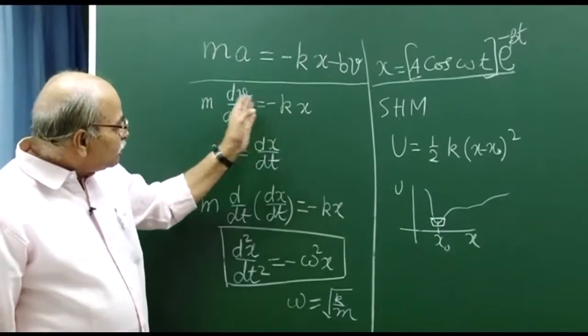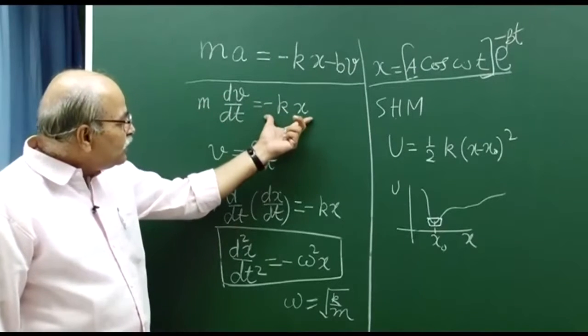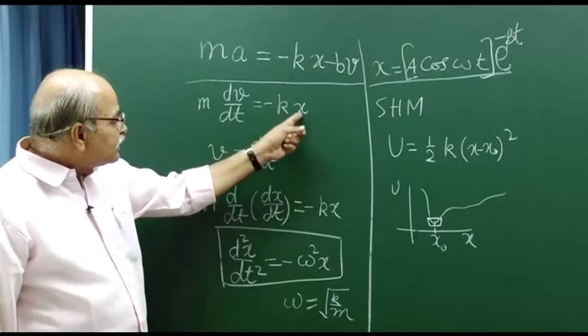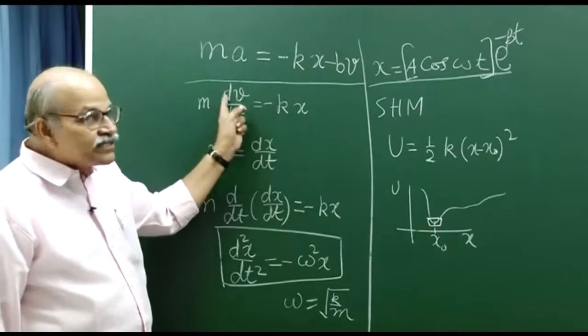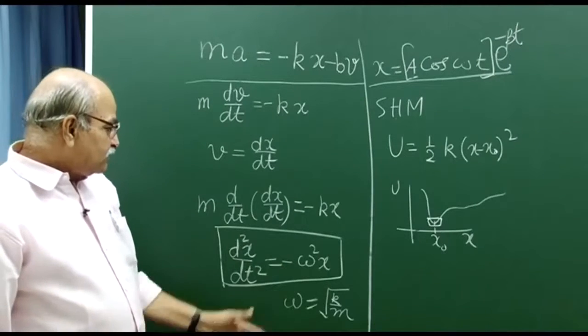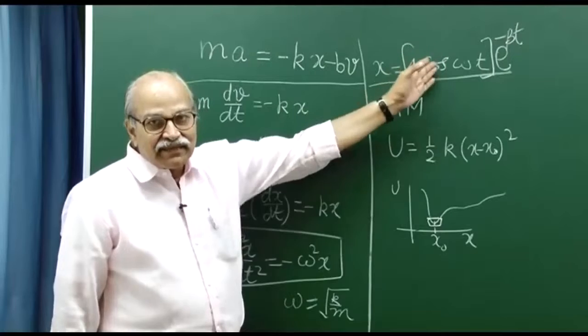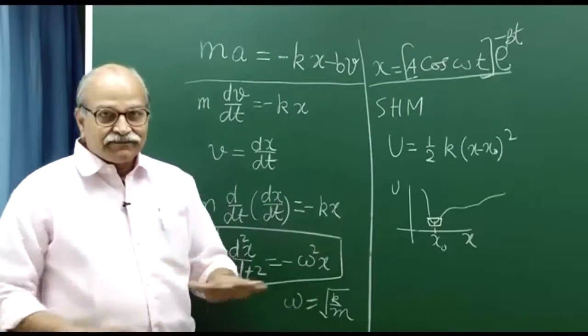If there is no damping or any other force, and it is only this restoring force driving the system in oscillations, then you have something like x equal to a cos omega t, constant magnitude oscillations, right.